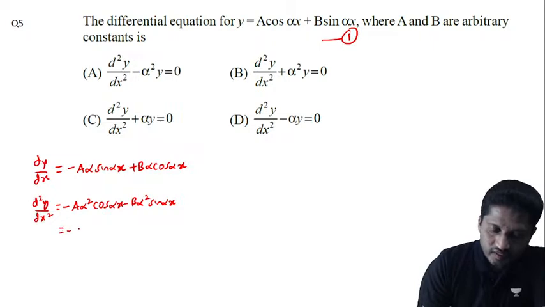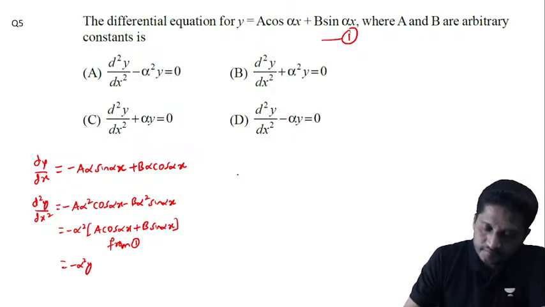This is equal to minus alpha square, taking common, a cos alpha x plus b sin alpha x. From equation 1, this will be equal to minus alpha square y.